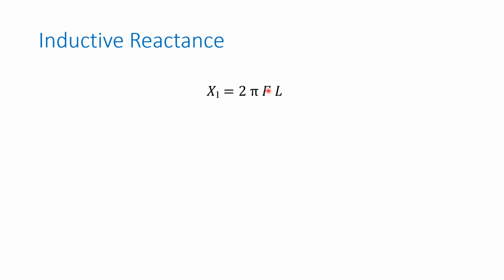I don't care how high in frequency you go, if you have no inductance, you have no inductive reactance whatsoever, it's just not there. If you have a tremendous amount of inductance, but your frequency is 0, in other words, it's DC current, you have essentially no inductance. You do have an inductive kick when you turn the power on and when you turn it off. Other than that, with DC, inductors have no effect.